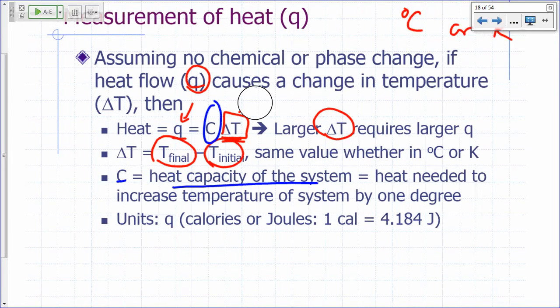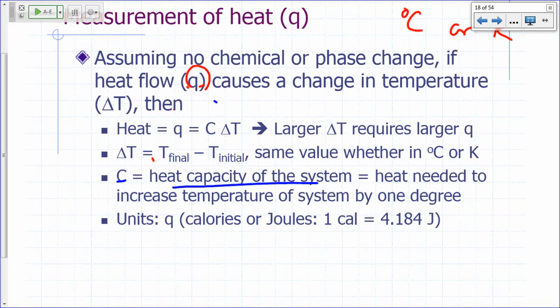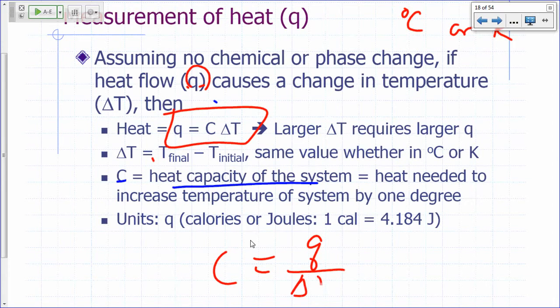Here's a way of looking at it. If we rearrange this equation right here, we can solve for C. C is Q divided by delta T. So the unit for that is what? An energy unit, which is joules per Kelvin, temperature unit. Okay, that would be our unit.